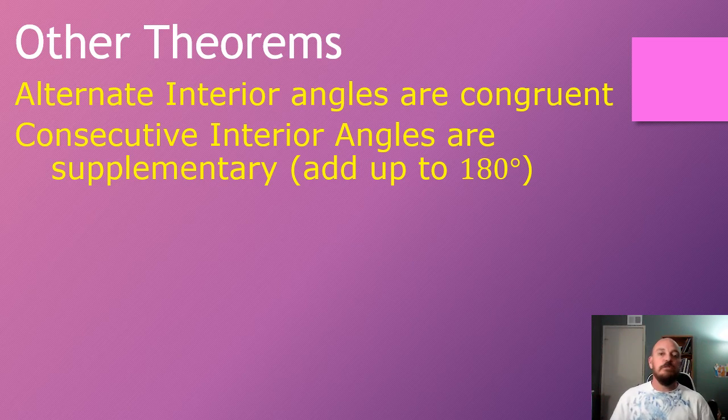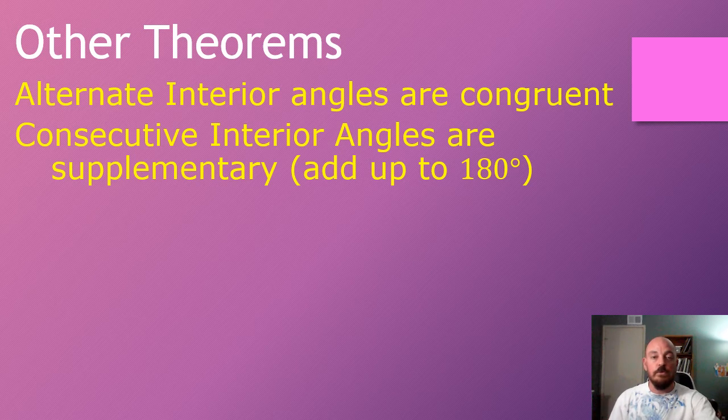The special pairs are, number 1, corresponding angles, they're congruent. Number 2, alternate interior angles, they're congruent. Number 3, alternate exterior angles, they're congruent. All three of those are congruent. The only one that's different is the consecutive interior angles. They're not congruent, they're supplementary, which means they add up to 180.